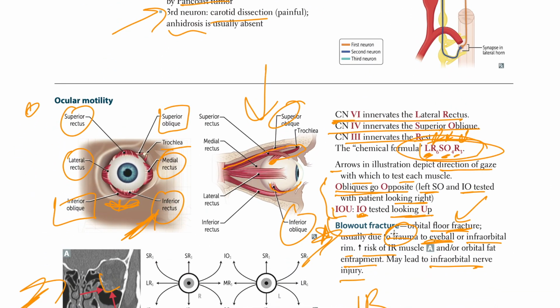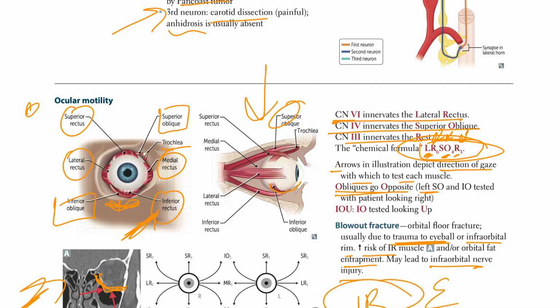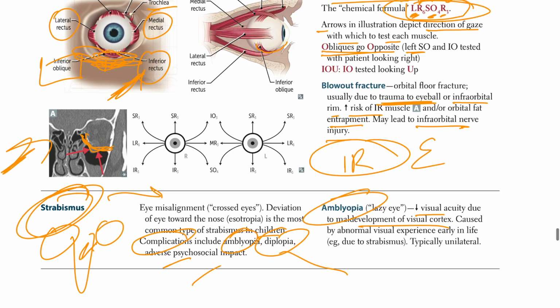Blowout fracture is all about trauma to the eyeball, causing the inferior rim to fracture because it is prone to fracture, causing inferior rectus entrapment, because the IR is at the very bottom, right? Okay, so that's what we have with this blowout fracture.